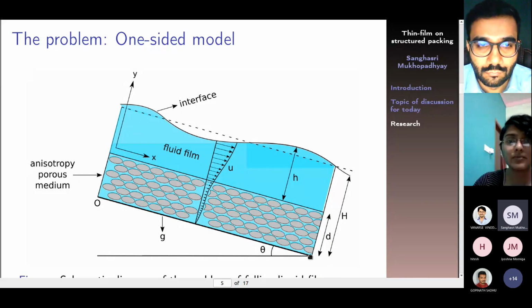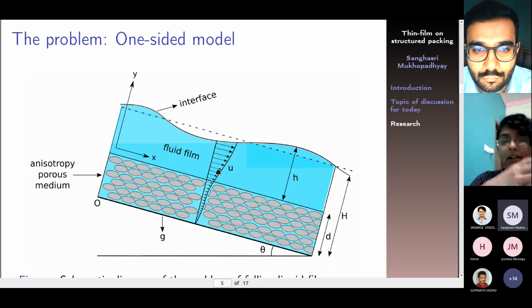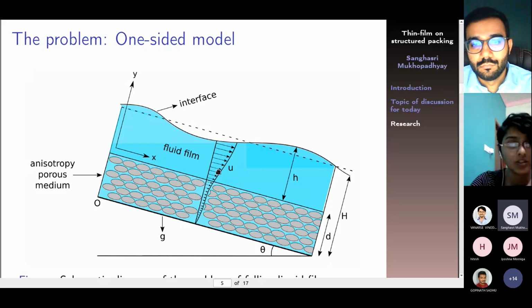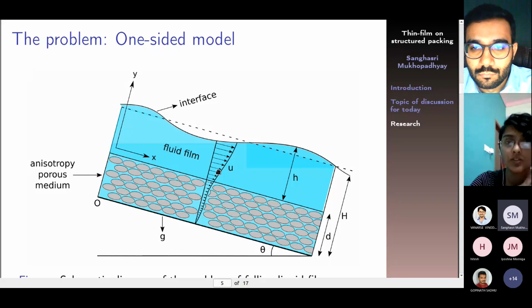And then at the interface, we will be using the usual boundary conditions that we normally use, like balance of kinematic boundary conditions and then balance of the tangential and the shear stresses. That's the set of boundary conditions we have used here. You are considering the inclination, theta. So how does it influence the stability? Actually, it works in the same way.